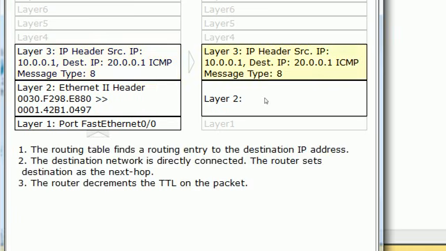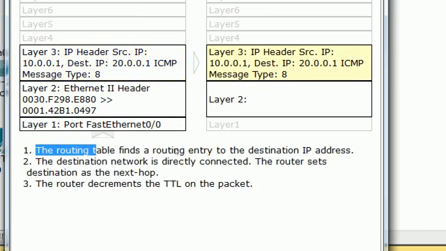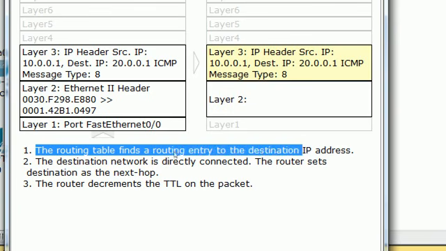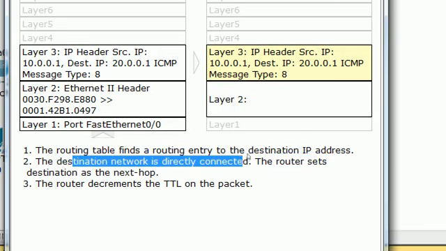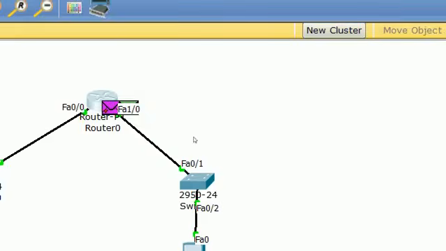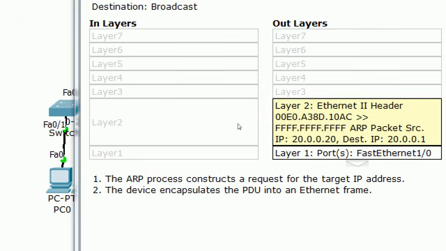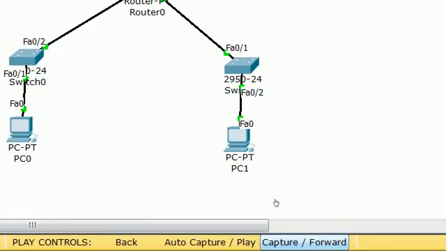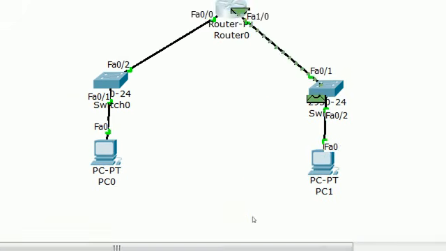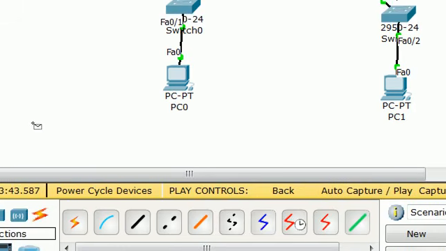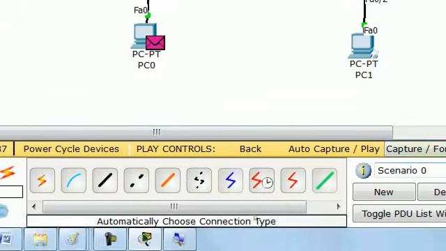After that, the router finds the entry, the destination network is directly connected. Fine. Any problem? Now you can see here router is again generating ARP. Source IP is, destination is 1. Any problem? ARP is received by computer. Computer will reply. Forward.